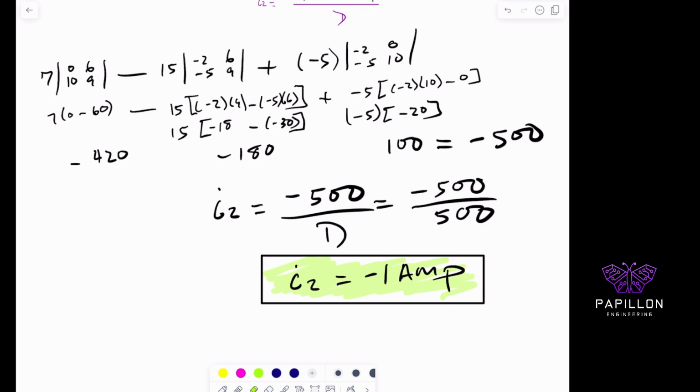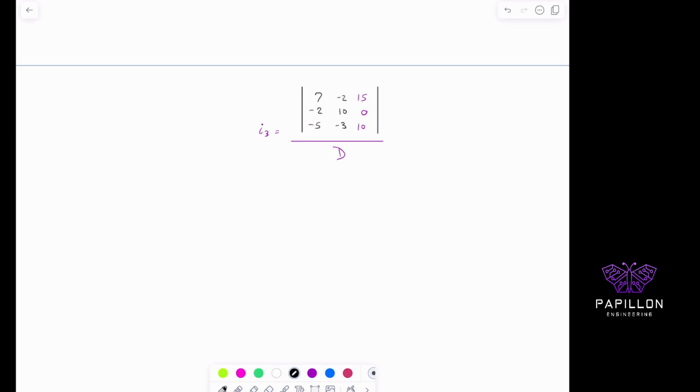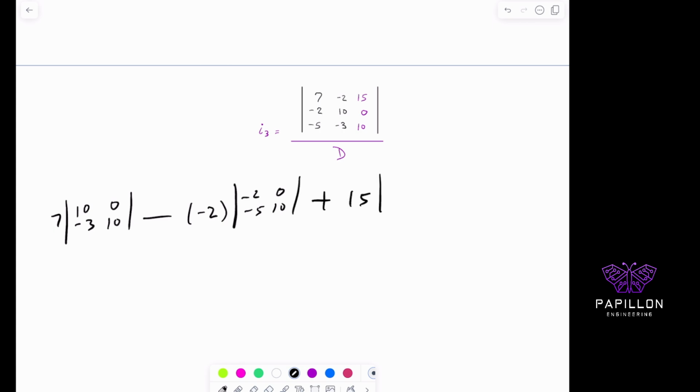And finally, with this one here, we'll have I3. Then you should be all set. So for I3, it's the same logic. So let's go ahead and do this. Okay.